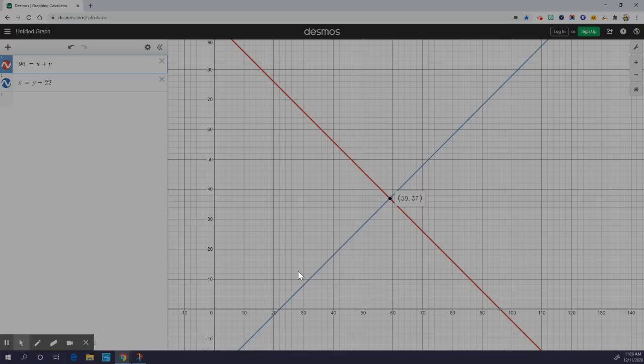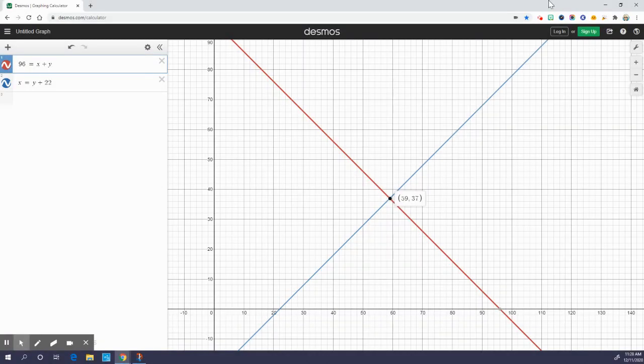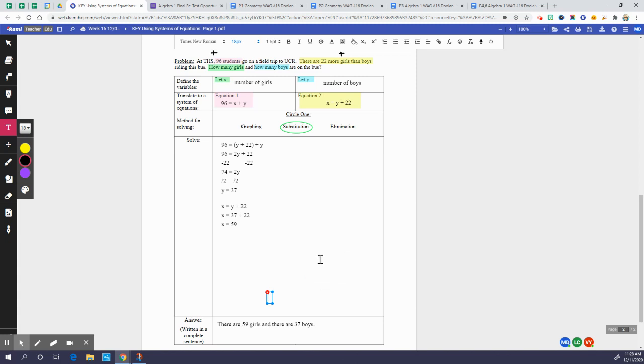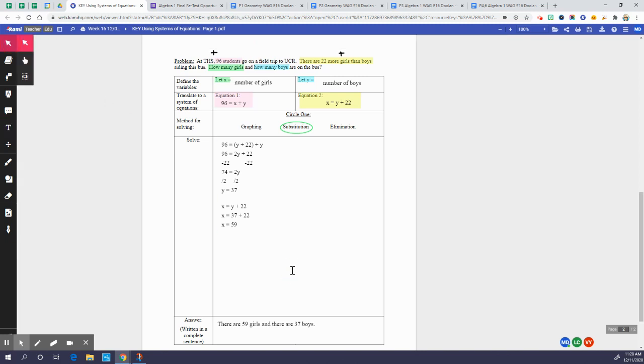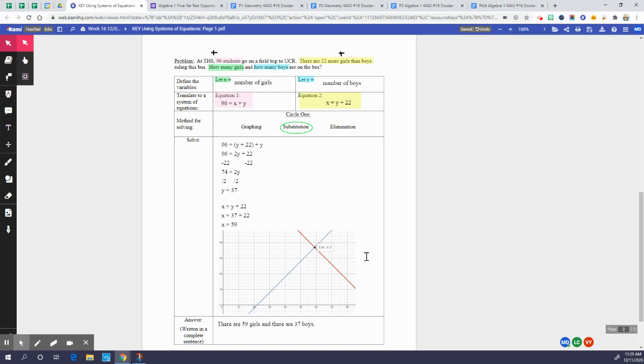Do a quick little screenshot of this, and then I'm going to come back and paste this just to show that I checked my work. Okay, and really 59 and 37 is the correct answer.